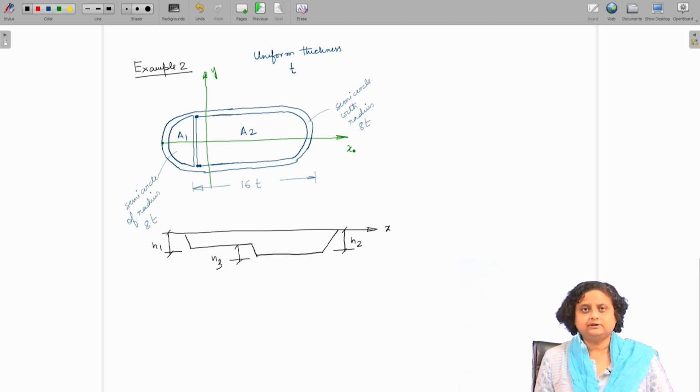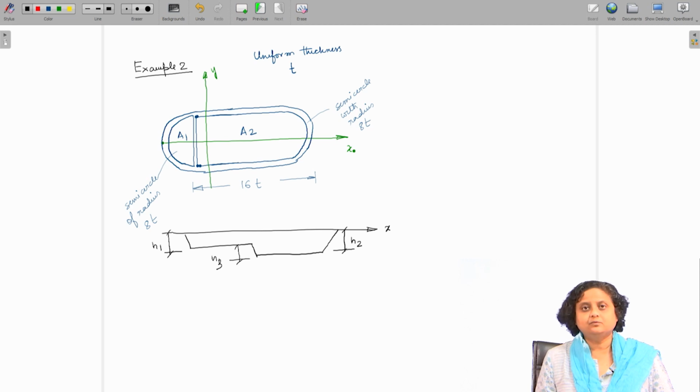H2 can be smaller than H1, it does not matter, you will get the same result, but you have to stick to the shear flow according to the shape that you have chosen. If you choose H2 to be smaller than H1, you should write the relation between the shear flow according to the deformed shape of the membrane that you have assumed.